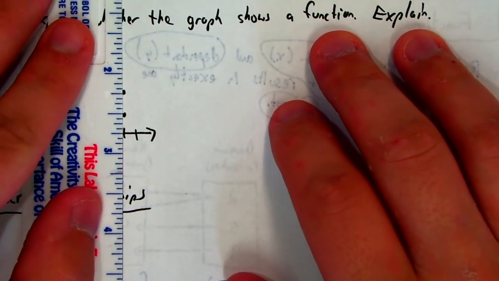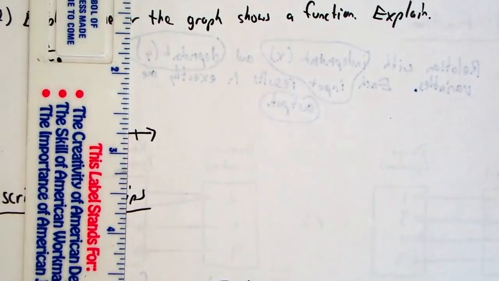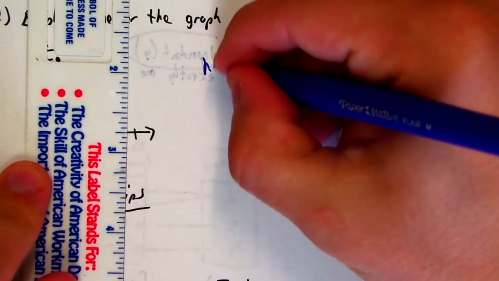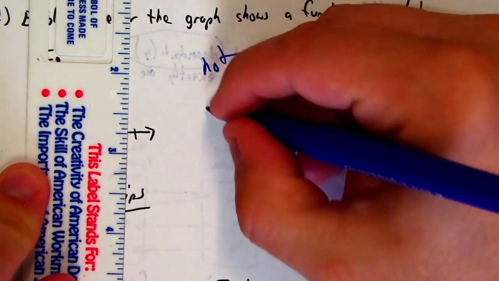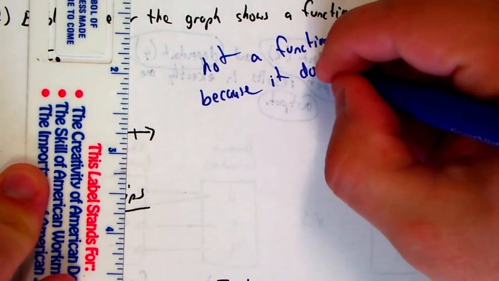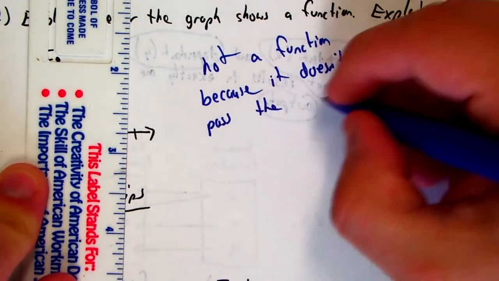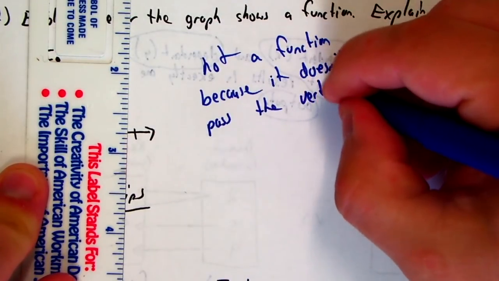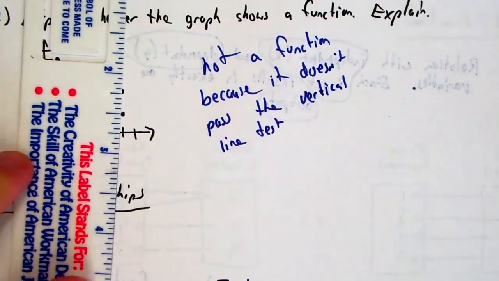Same thing, still only one. Same thing, still only one. Ooh, here we have two dots touching, which means that this is not a function because it doesn't pass the vertical line test.